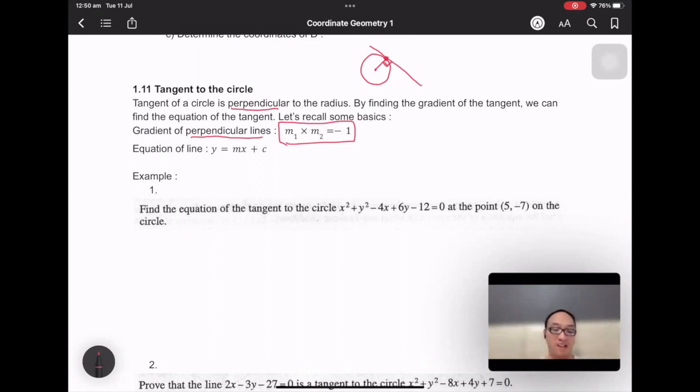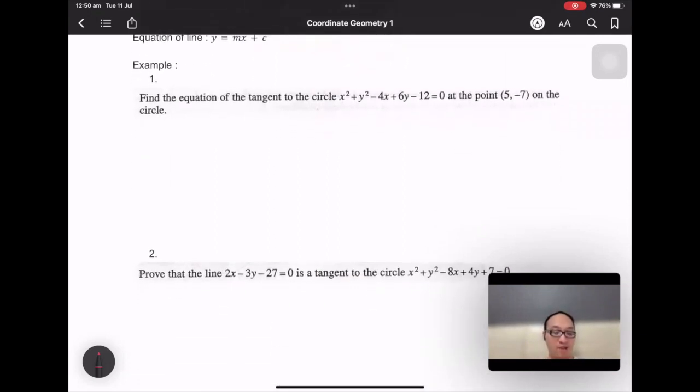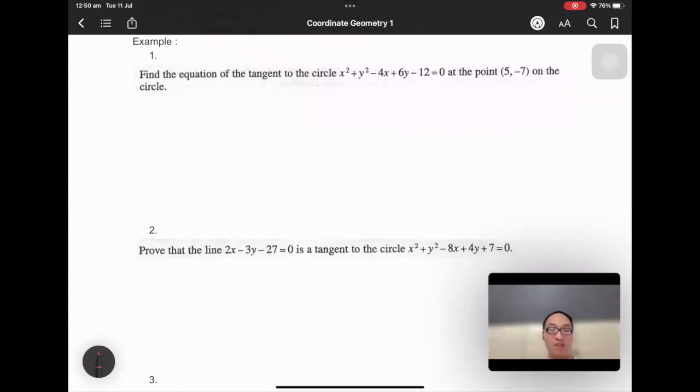Okay, let's see an example. Find the equation of the tangent to the circle x squared plus y squared minus 4x plus 6y minus 12 equals 0 at the point (5, negative 7) on the circle. We know that the point is on the circle. So this is the circle, this is the coordinate, and this is the tangent. The coordinate is (5, negative 7).